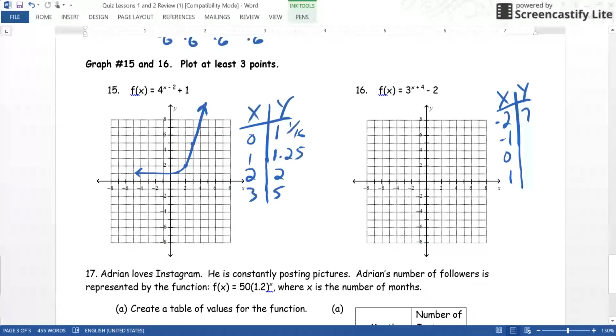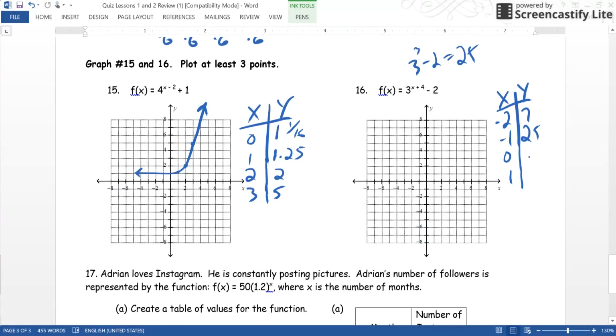At -1, when I put -1 in up here, I get 3 to the third power minus 2. 3 to the third power is 27, so this is 25. So this is going to be really high up.